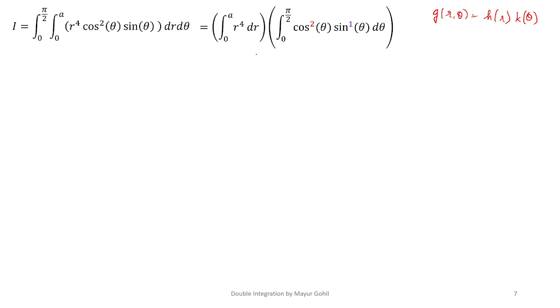Now let me help you out why we are doing this second method. The reason is, see here the power of cos theta is 2 and sin theta power is 1. In our first method we had done basic trigonometry and it was possible to complete it.